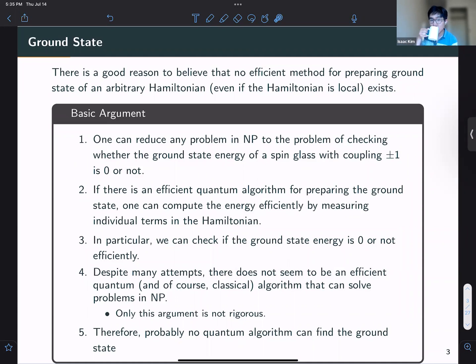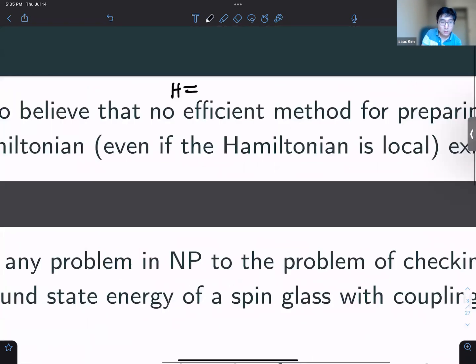Can you explain a little bit more about what a spin glass is? Yeah, so for example, let's say I have spin 1/2 particles, and the Hamiltonian is, sorry, I don't have much space, but I'll just zoom it up.